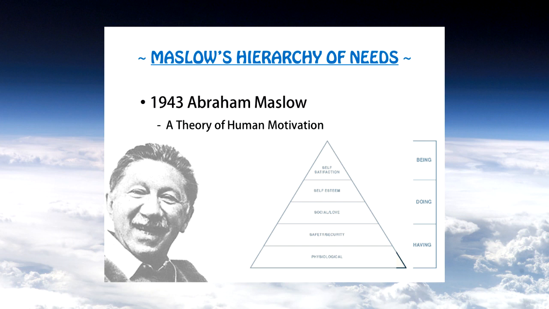Above that, you have safety and security needs. Those are a little harder to describe. It's basically, you know where your next meal is coming from, you feel safe, you have security. Above that, you have social and love needs. That is, you have a family, you have friends, you interact with these people. Above that, you have self-esteem needs.